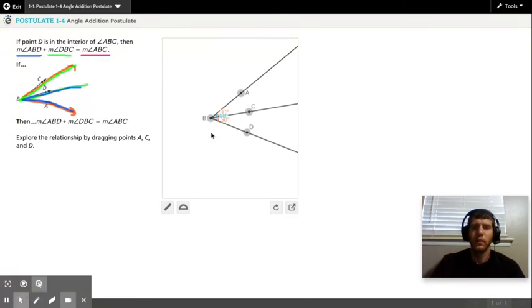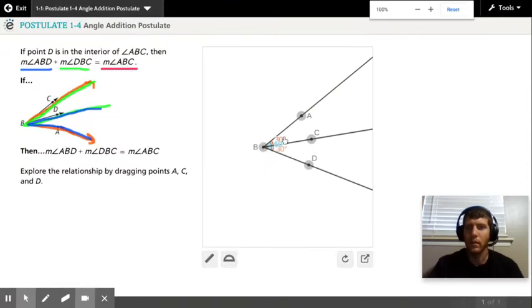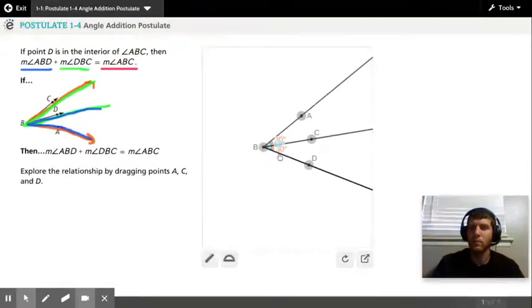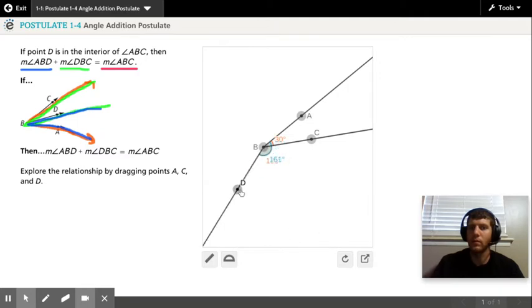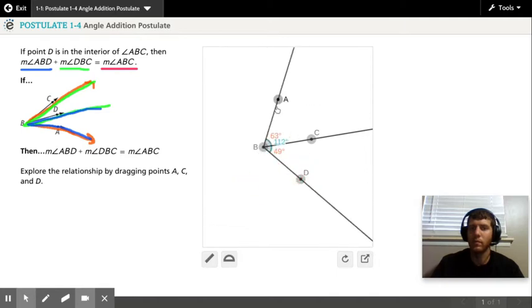All right, and then this is just giving you a chance to explore what's going to happen here. Right now, this angle's 30, this angle's 30, and they add together to get 60. If we spread them out, this angle ABC is 66.